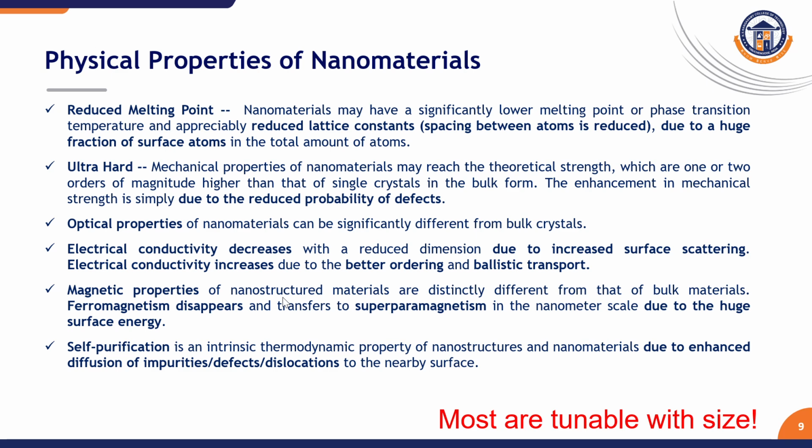Magnetic properties will be changed. Ferromagnetism may disappear, giving superparamagnetism. Self purification occurs with defects migrating to surfaces. And importantly, most properties of the nanomaterials are tunable with the size.